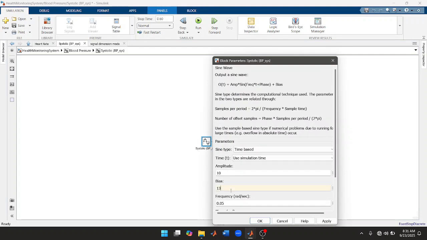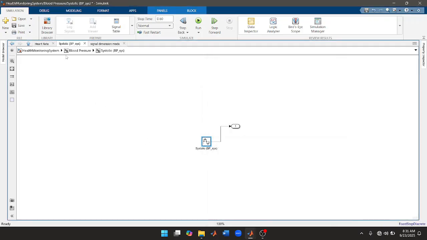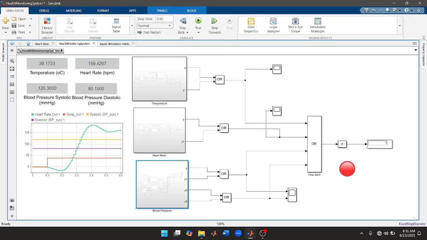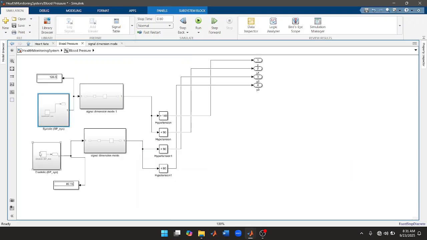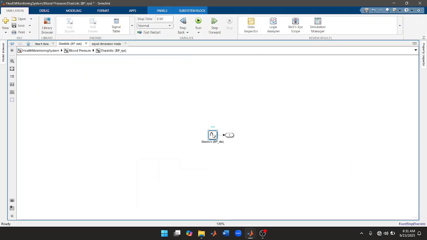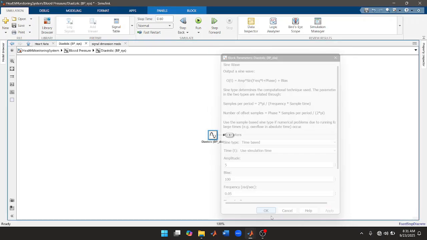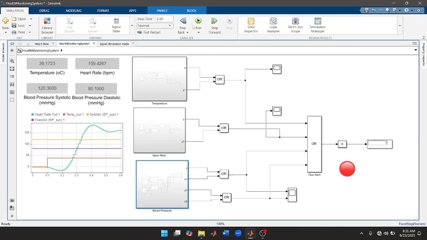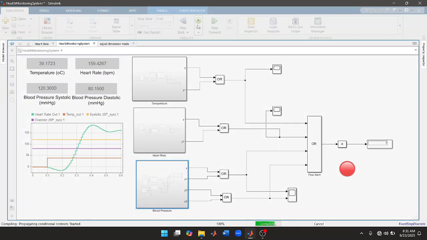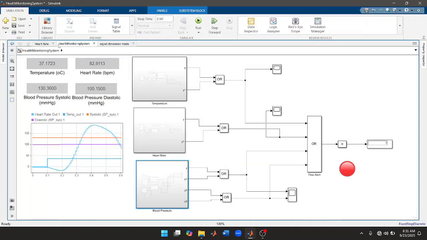Now we'll make it 130 over 100. So you see that this was normal, then we have 130 over 100, and we have a red alert.